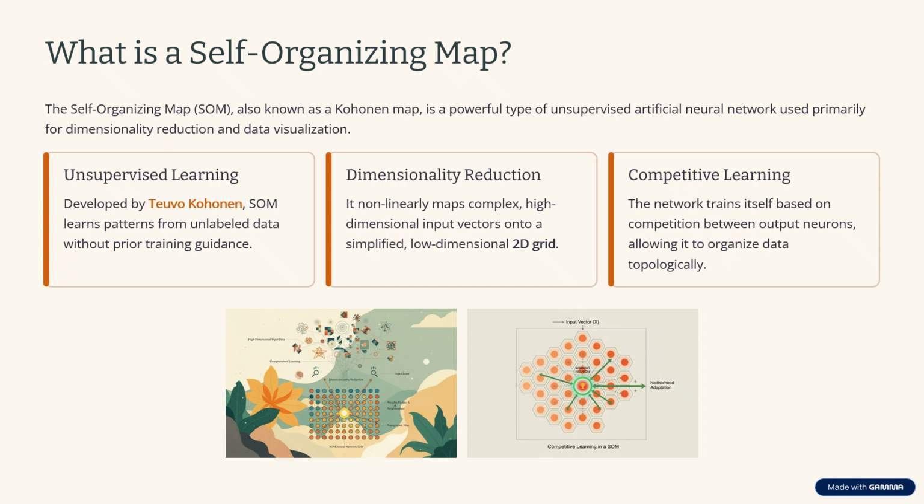The key idea is competitive learning, where neurons compete to represent the input. The neuron that best matches a given input becomes the winner, and its weights along with its neighbors' are adjusted to better reflect that input. Over time, this competition allows the network to self-organize and form a topological map that preserves data relationships.